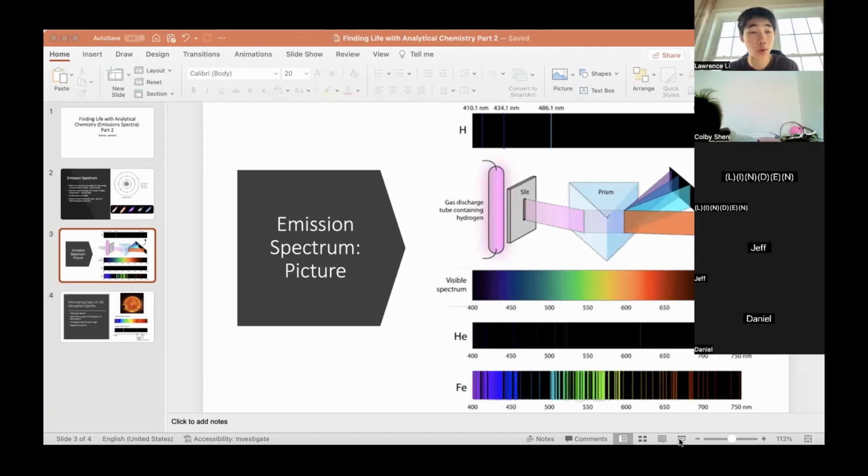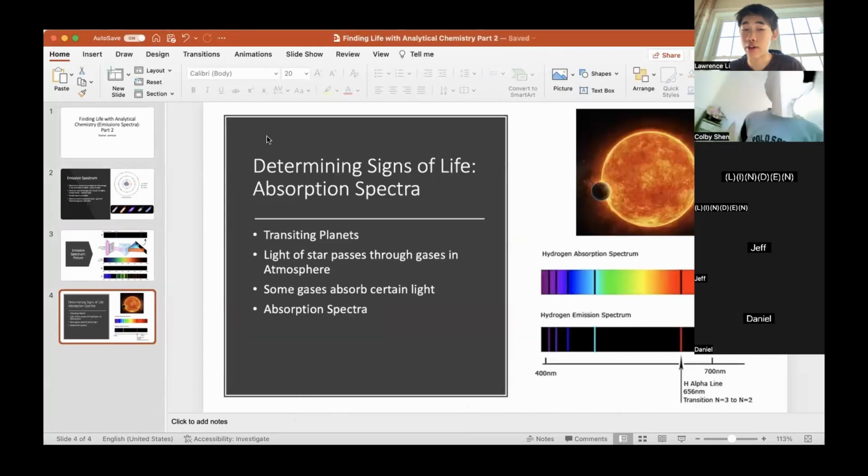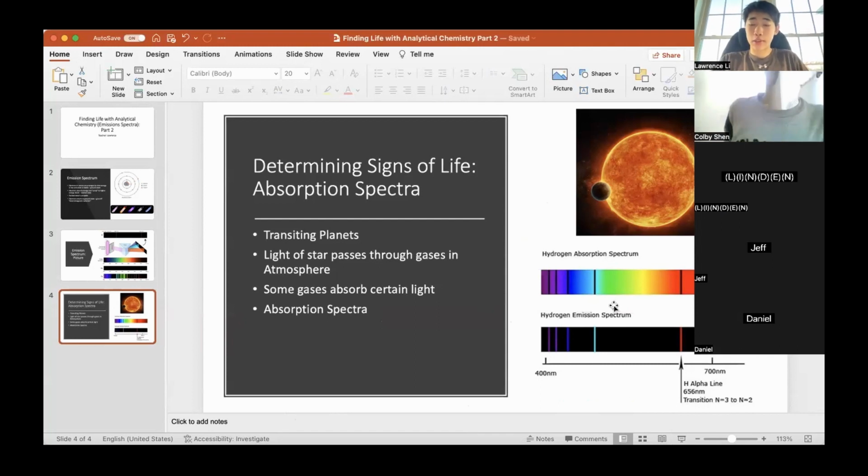Okay. If there are no questions on emission spectrum, we're going to talk about how emission spectrum can help us find life on other planets. Okay, so we all know that there is something called an emission spectrum now, right?